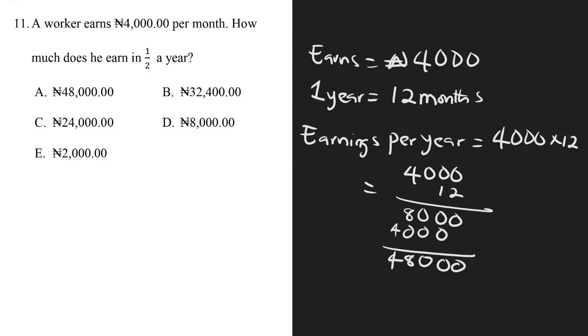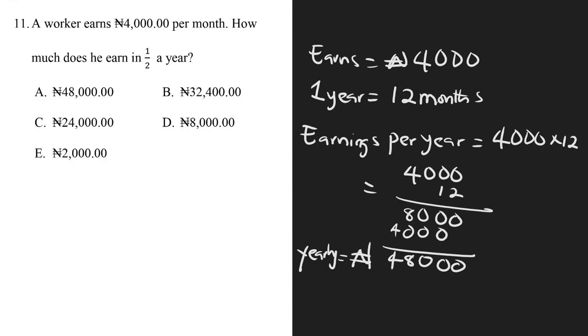So this is his earning yearly. But remember, the question says, how much does he earn in half a year? So in order for you to know half a year, you divide this 48,000 by 2.